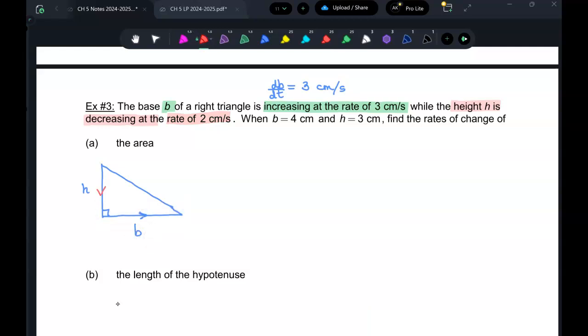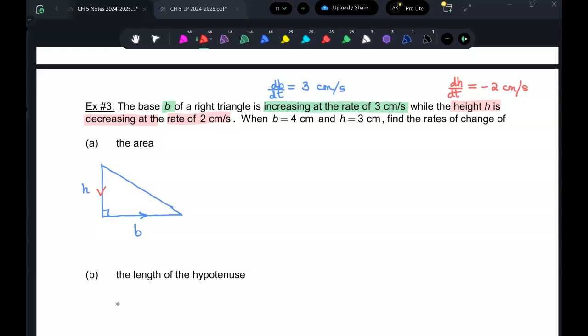So dH dt is decreasing, so I'm going to put a negative in front: negative 2 centimeters per second. So you can kind of see what's happening to our triangle. This one's going out this way, this one's going this way, so it's becoming kind of a squished triangle, right?